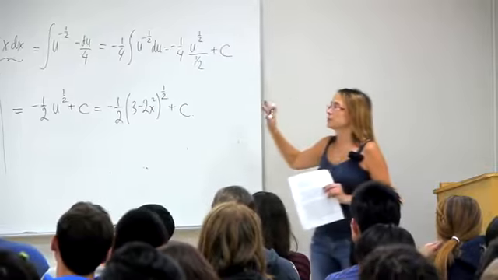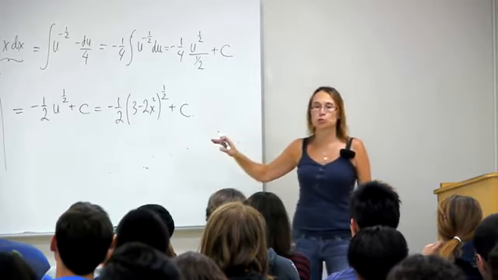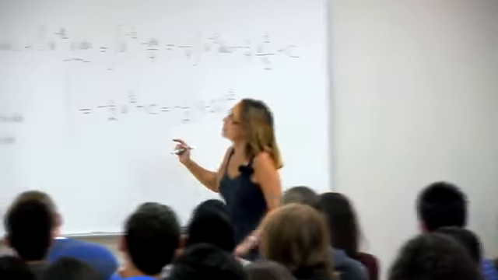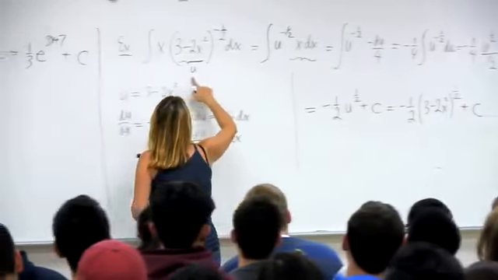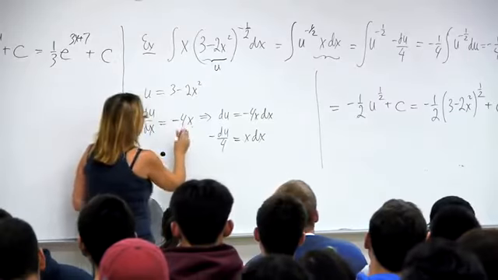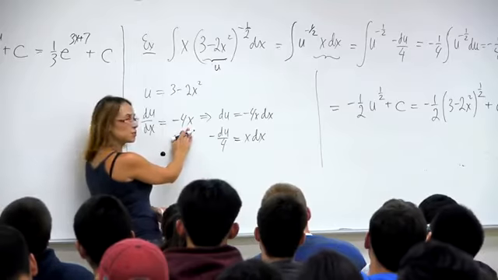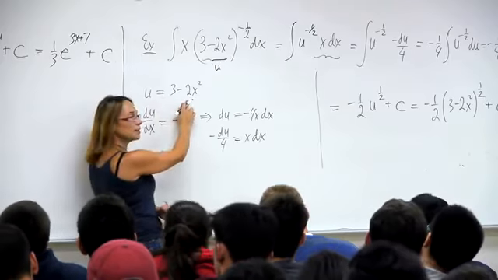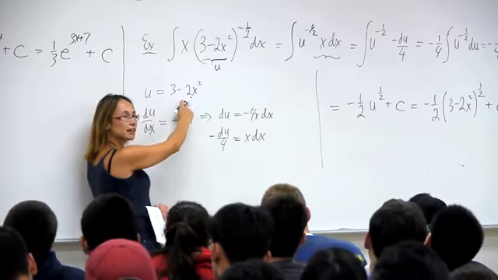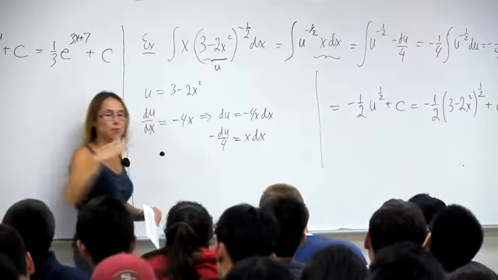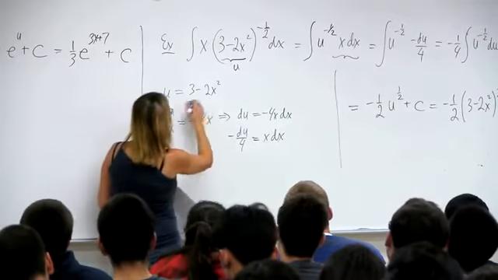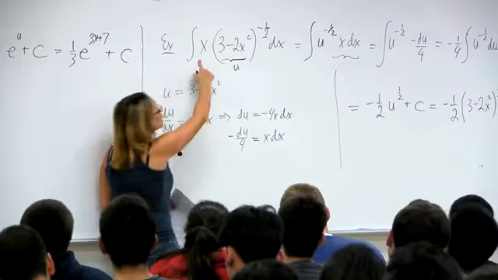So what is the reason that the substitution rule worked here? The reason is that my new variable u, when I differentiate it, gives me x. The new variable is quadratic in x. When I differentiate x squared, I get x times some constants. So when I differentiate it, I get x, and I can see x here.